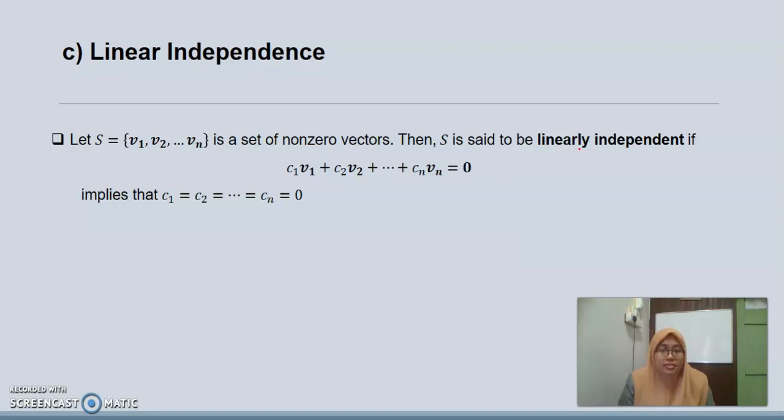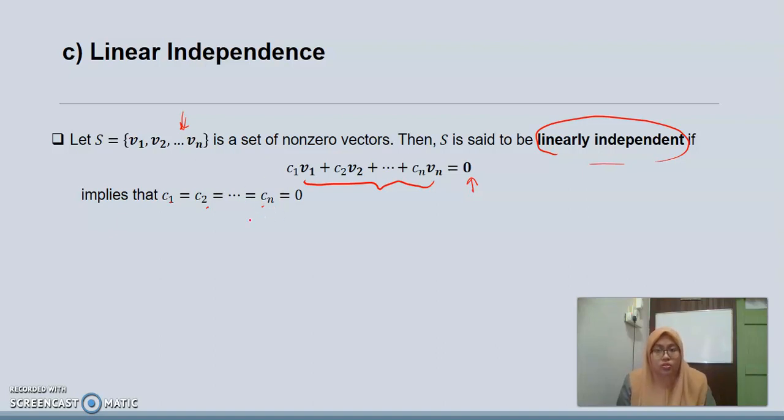Set S is said to be linearly independent if the linear combination of all vectors in set S equals the 0 vector. Okay, so this is the form of linear combination, right? If this value equals the 0 vector, that implies that the values C1, C2 up until Cn are all 0.